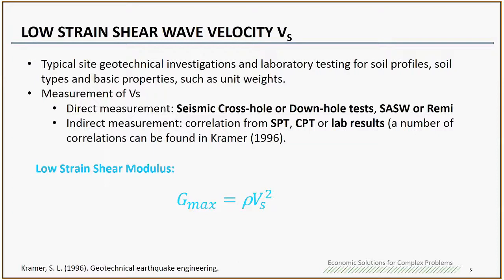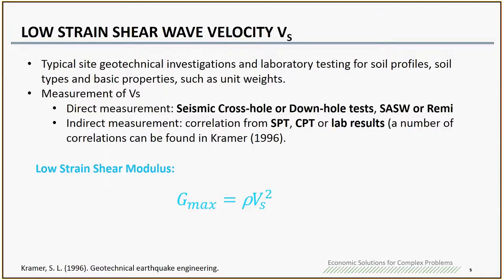Then there are a couple of ways to measure the Vs. The first is direct measurement. That's the geophysics tests I indicated in the previous slide. That includes the seismic cross-hole or downhole test, SASW or ReMi test.